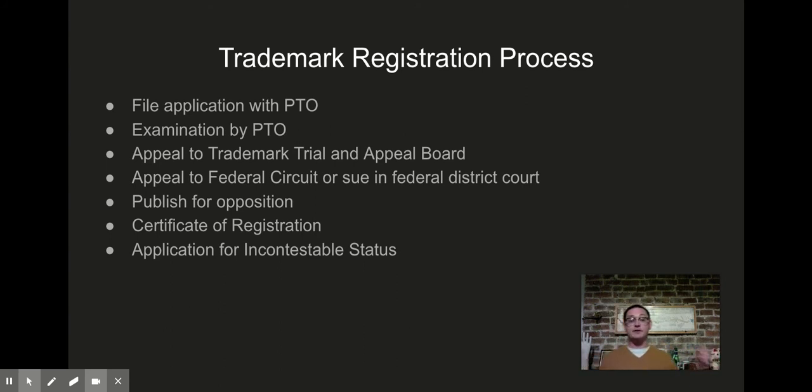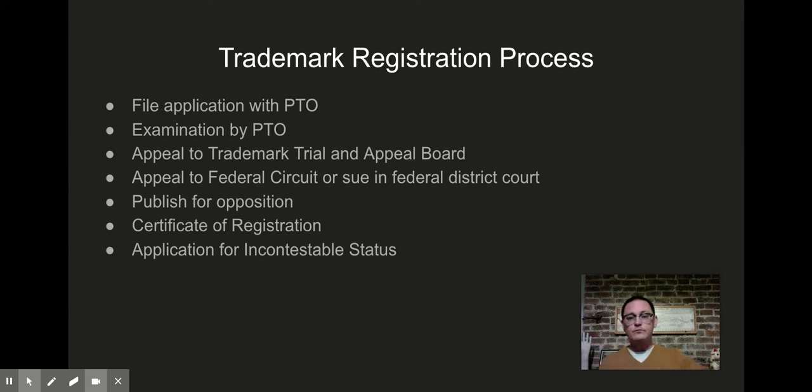In other words, if a competitor says, hey, this person is trying to register a mark, but I'm using something really similar, I don't think they should be able to register the mark at all, or I think the mark that they're trying to register should be registered in a narrower form, then there's an opportunity for a back and forth with other people in the market. Finally, if the examiner ultimately refuses to register the mark, then there are various opportunities for appeal, both internal to the PTO, to the TTAB, or Trademark Trial and Appeal Board, also to appeal from there to the Federal Circuit, or in the alternative, to bring an original action in federal district court.